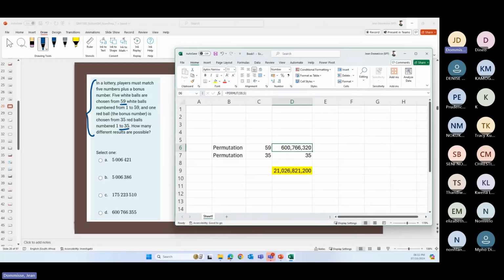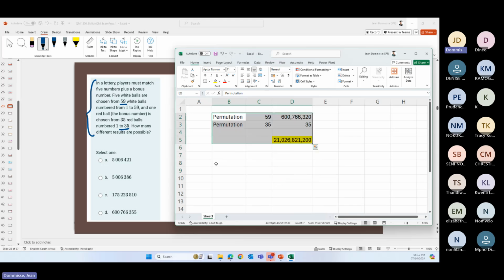So do we worry if the first number is 1 or the first number is 10 or the first number is 20? Okay, so we don't worry about order. So we're actually not working with a permutation in this instance. We're working with a combination.